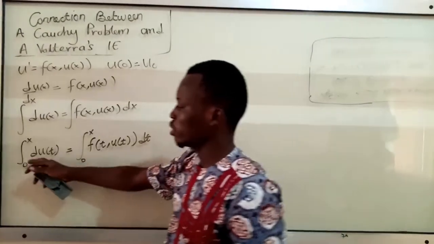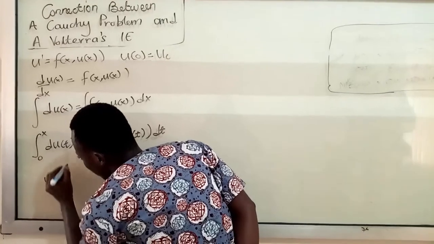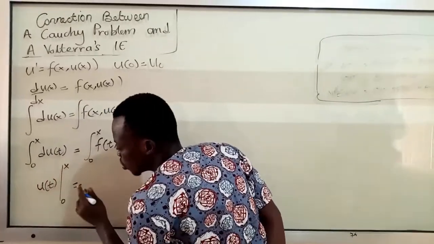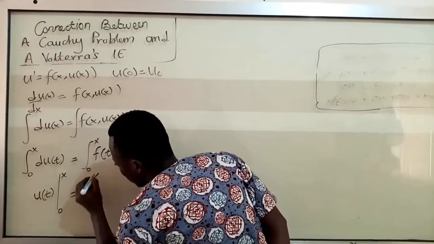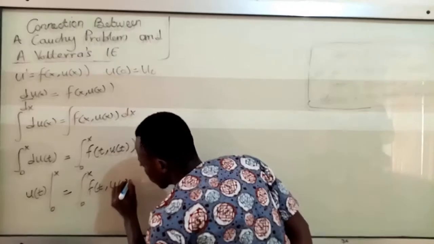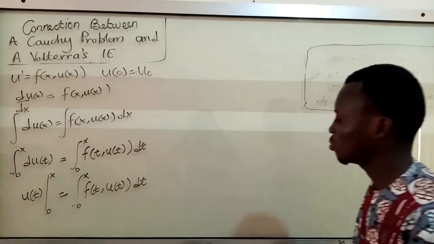If you integrate this side, you're going to get u of t evaluated from 0 to s, which will be equal to the integral from 0 to s of f of t, u of t dt.